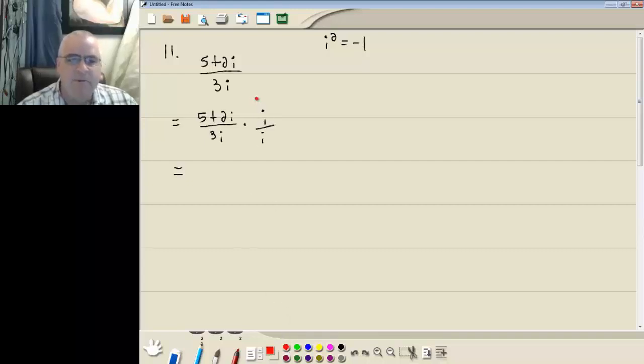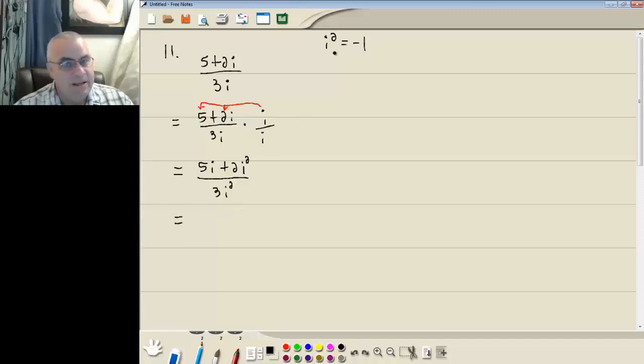Now up on top, we're going to take this i here and multiply it times the 5 and times the 2i. i times 5 is 5i. i times 2i gives us 2i squared. And then down below, 3i times i gives us 3i squared. Well, we've already said that we want to get rid of our i squared by replacing it with negative 1.